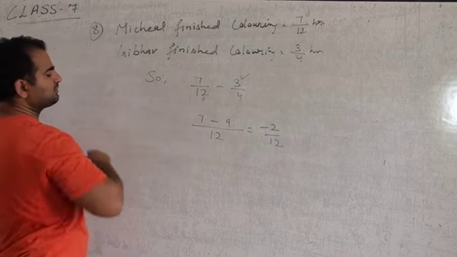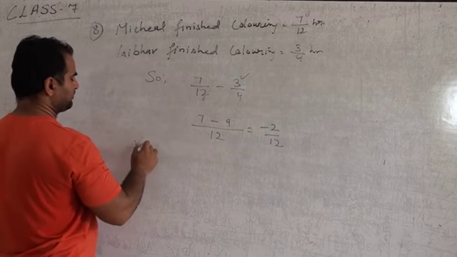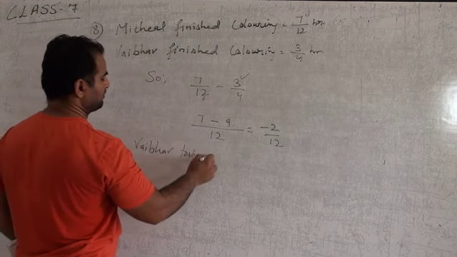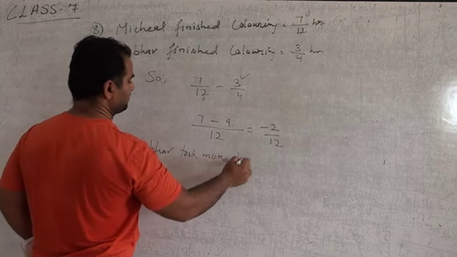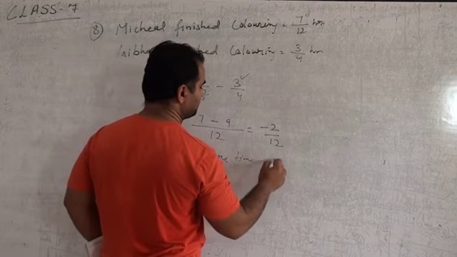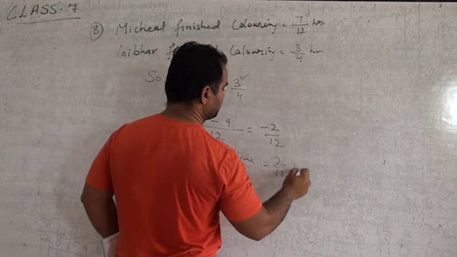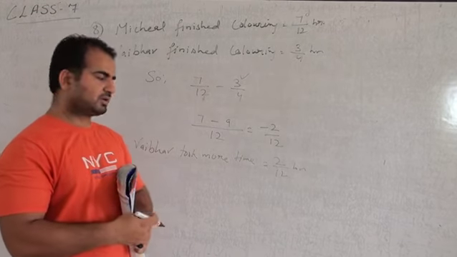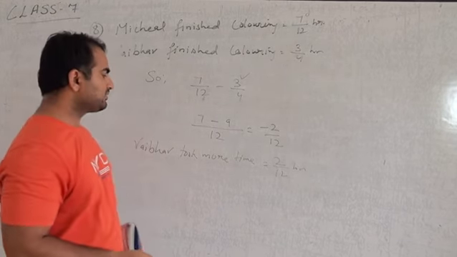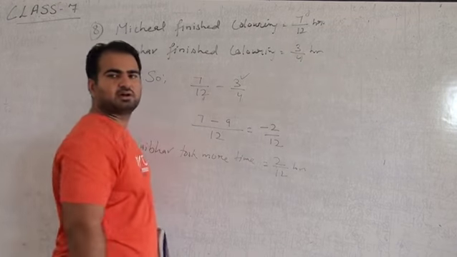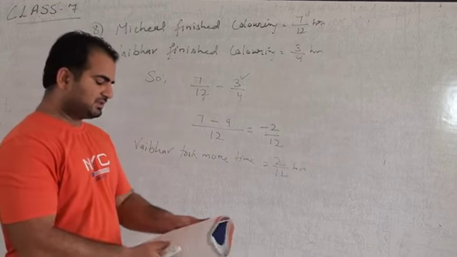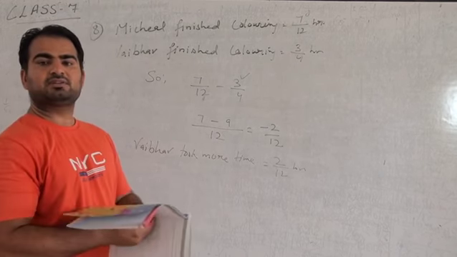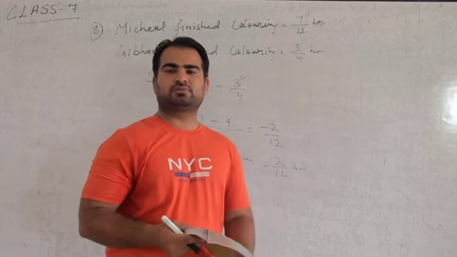So Weber took more time, 2 upon 12 hours more. So who takes more time? Weber. And how much more was it? It was 2 by 12 hours. Okay, class, this is our exercise number 2.1. We will complete the next in the next video. Thank you.